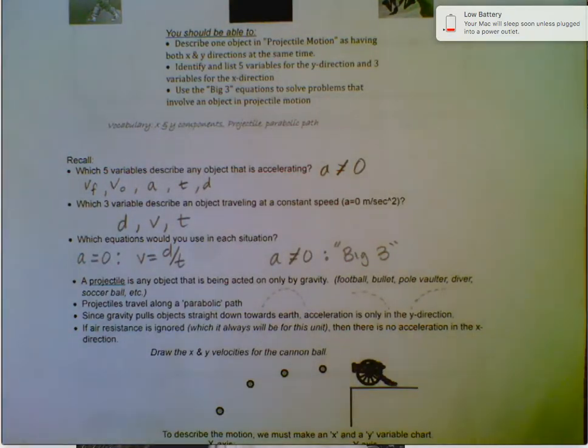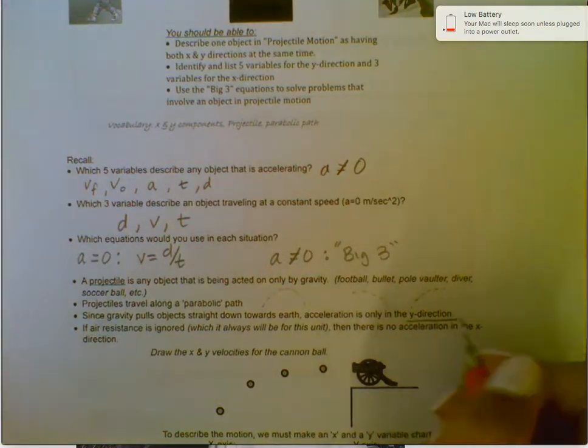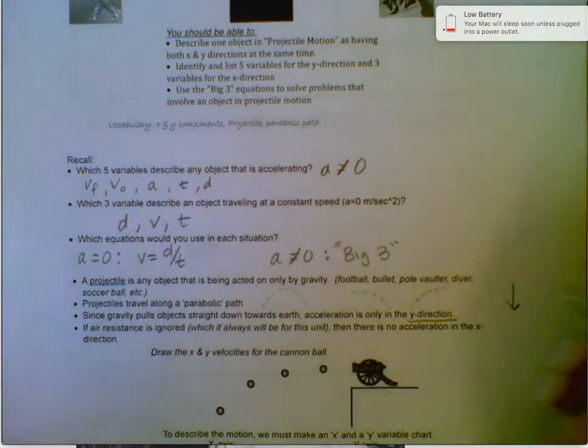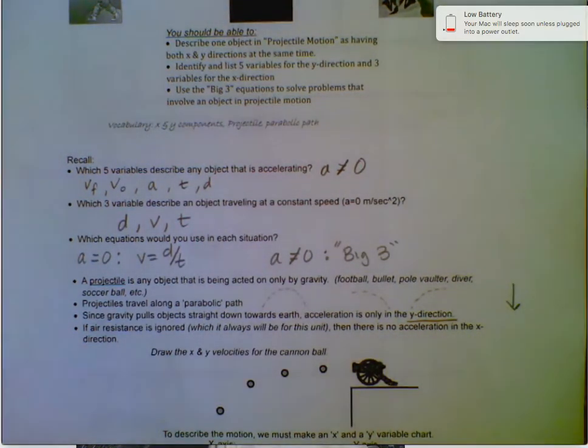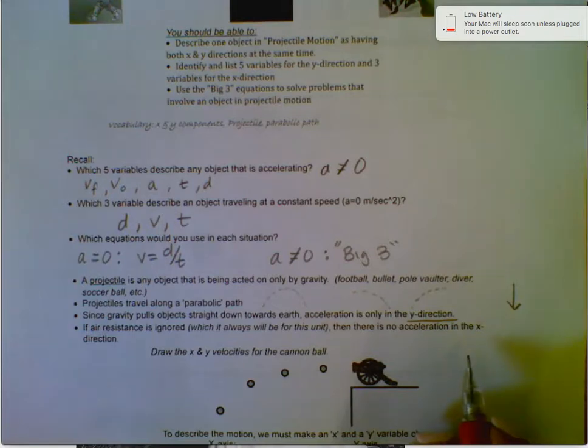Okay. Since gravity pulls objects straight down toward Earth, acceleration is only in the y direction. So gravity always acts downward, so gravity is always in the y direction. We will ignore air resistance for this unit, and since we are doing that, there is no acceleration in the x direction. So we're going to imagine there's no air, so nothing is pushing or pulling anything in the horizontal direction.